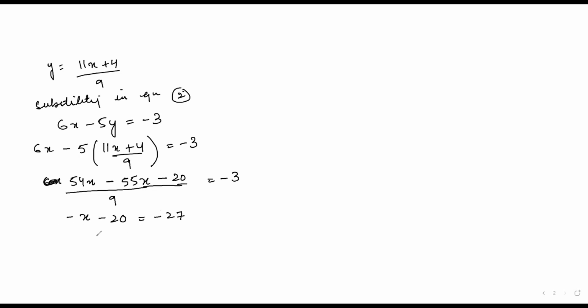So I can remove the minus sign throughout and get x plus 20 is equal to 27. And x will be 27 minus 20, which is 7.